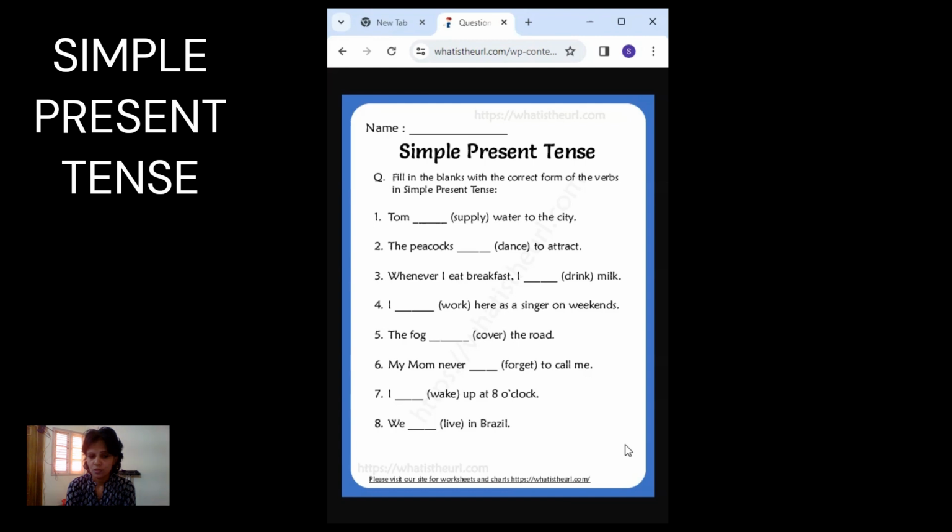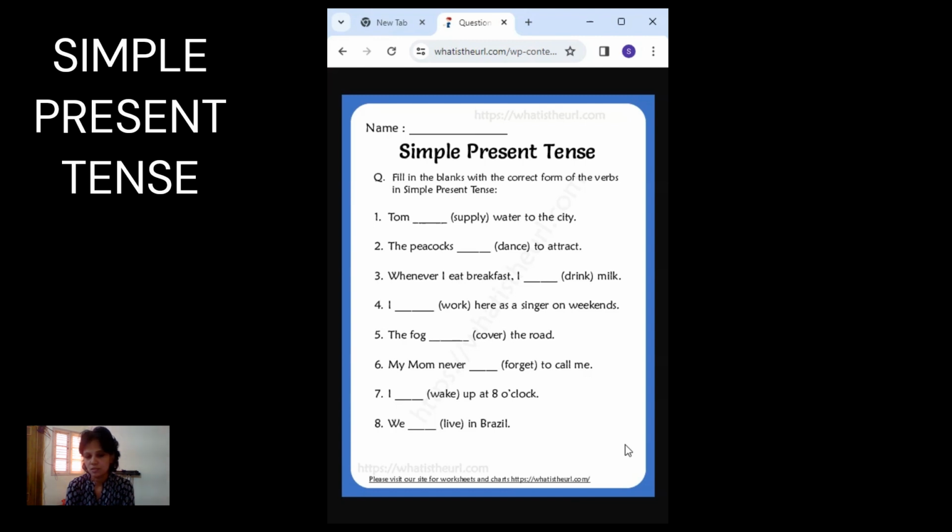She goes to music class every evening. That is how, when it comes to he and she, we usually add s at the end of the present verb. We should remember that in simple present tense. Whenever you see it, you will come to know this is simple present tense.